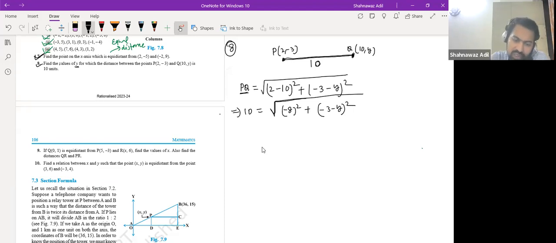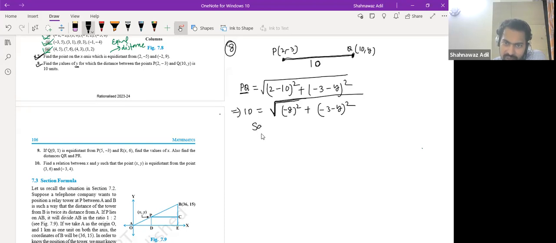Yes, we can simplify 8 square plus minus 3, but we want to remove this root.